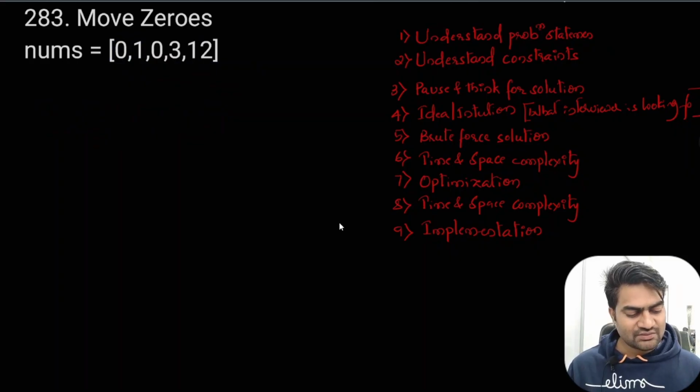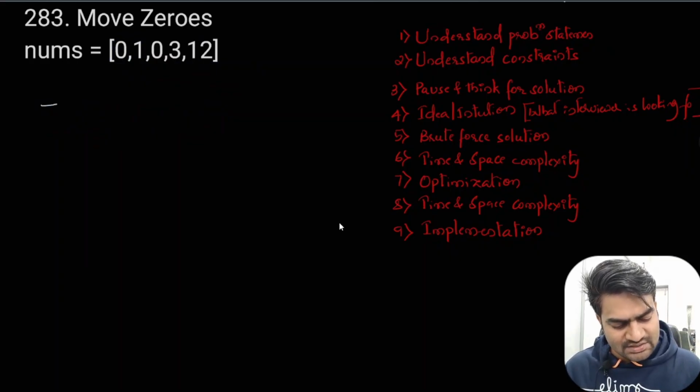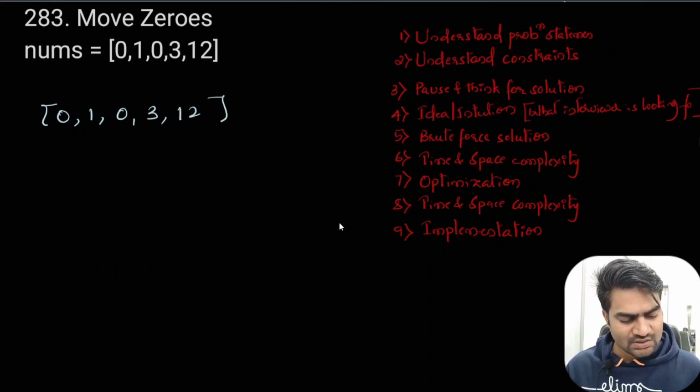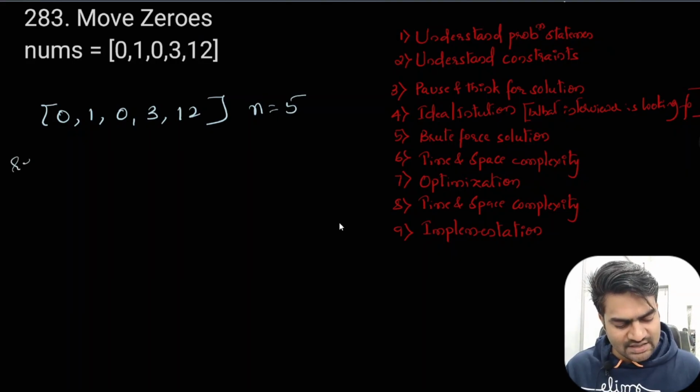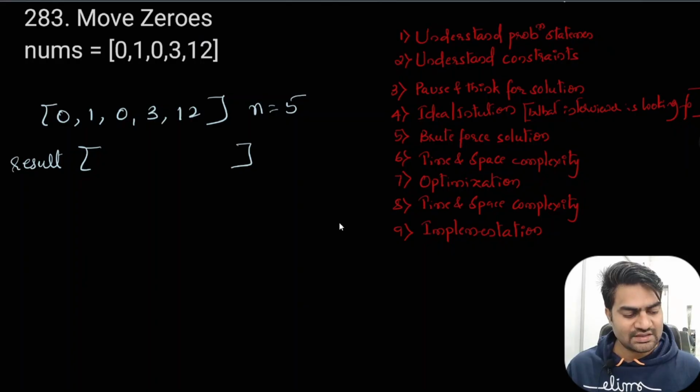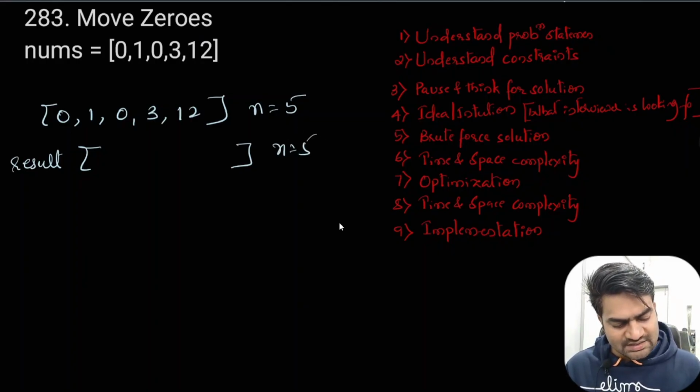So now if that is the case, how do we do that? 0, 1, 0, 3 and 12. It is of length 5. So I will take one more result array of the same length, that is n equal to 5. Now I will start here.